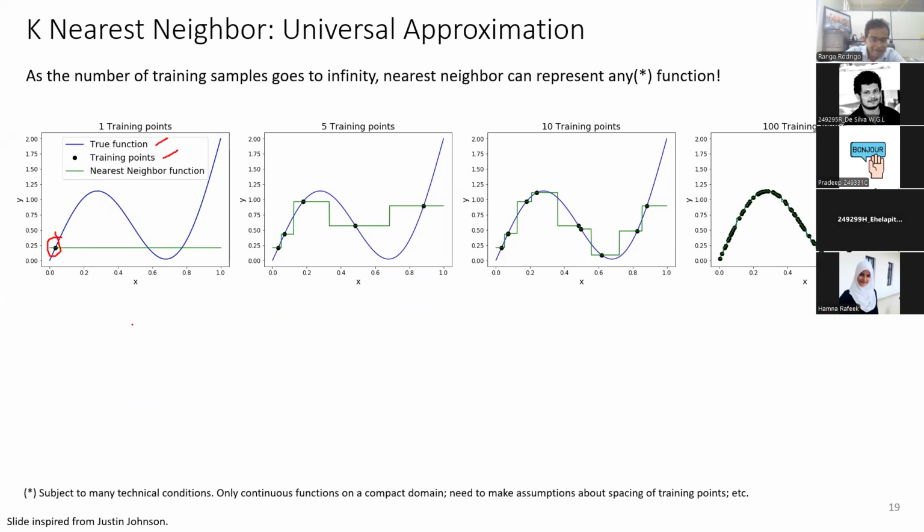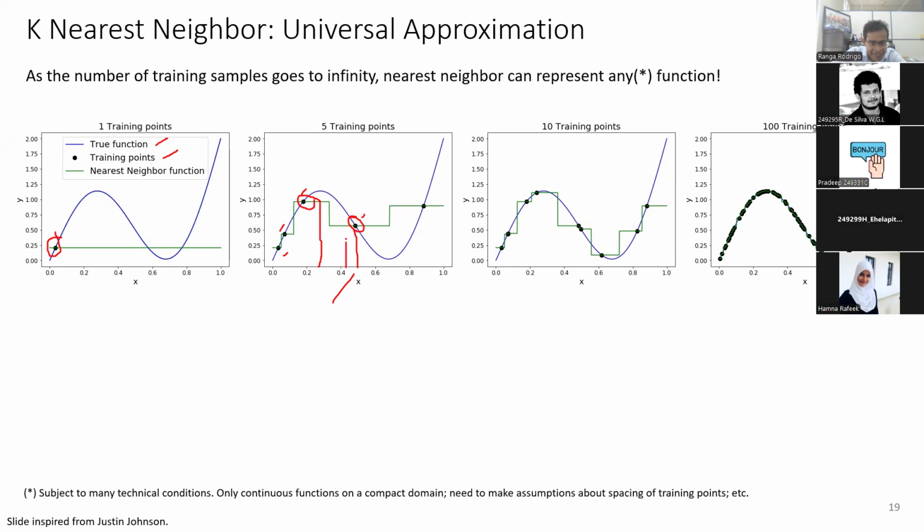But if we have more training samples, as in the second image here, 1, 2, 3, and so on. For this point, for example point 3, this is the nearest neighbor, and we call that the value. If you take this point exactly, that's the nearest neighbor.